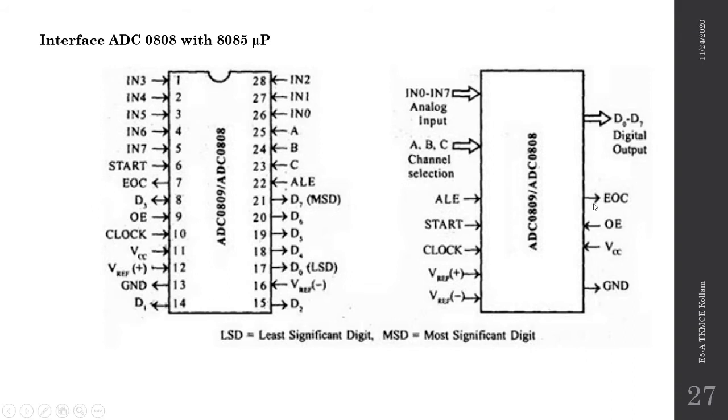Then after completing this conversion, the ADC will provide an active high signal, namely EOC. When the EOC signal goes high, it indicates that the digital signal corresponding to the given analog signal is available at the output pins of the ADC, that is D0 to D7, so that the data can be read from the output pins of the ADC.